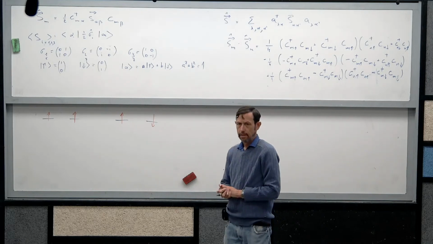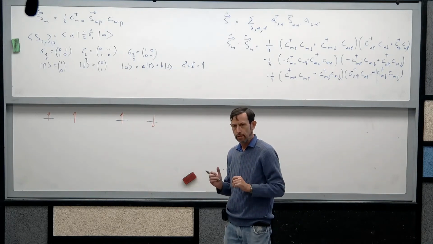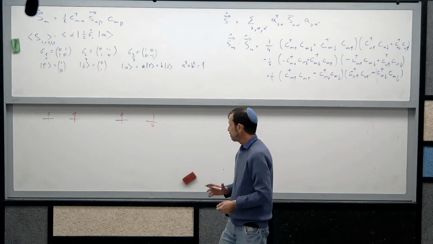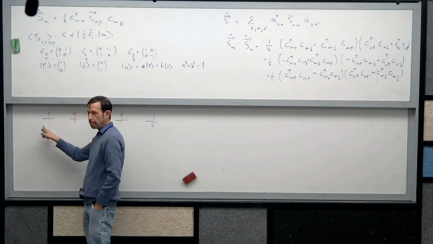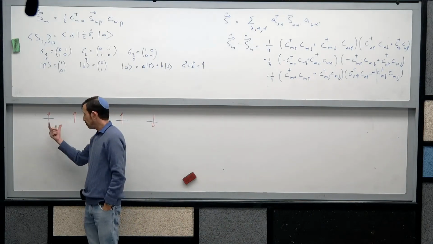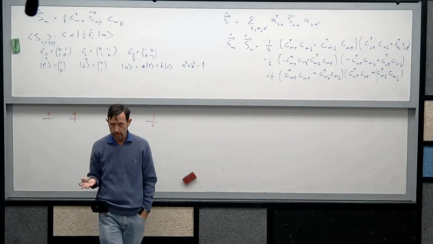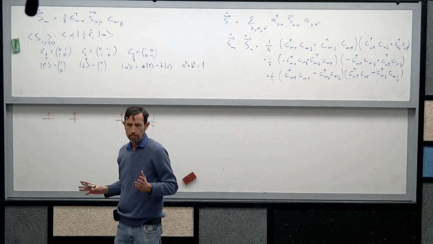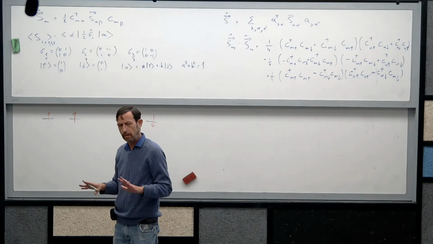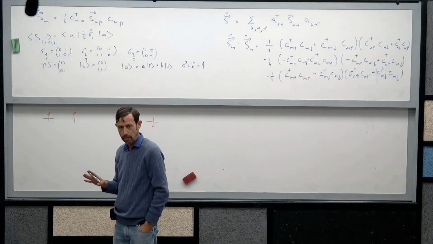But let's stop for a moment and look a bit more closely. Basically, if both of them are spin up, or vice versa spin down, doesn't matter, that's the only component of the wave function that can come into the game.